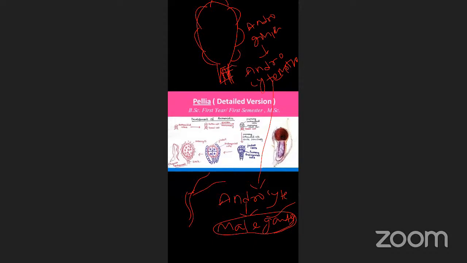So these are the steps. First, blue color androgonial cell. Red color androcyte mother cell. Green color androcyte. And red male gametes. So these are the steps, remember. Is it clear? You will have to write these words in the life cycle.